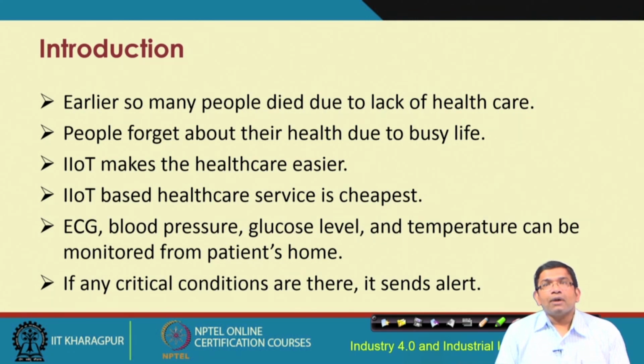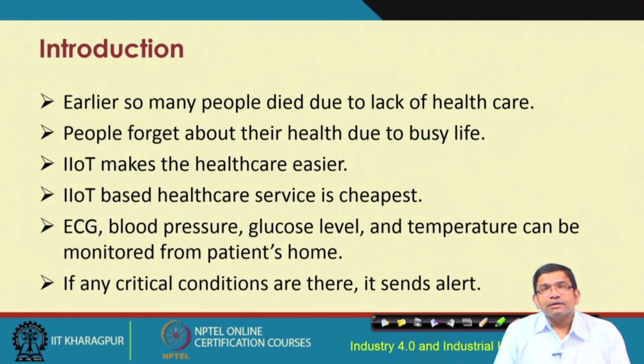However, we have our IoT solutions, our IIoT solutions, that could be used to alleviate some of the problems encountered by people with respect to health. IIoT solutions can help in making healthcare easier, affordable and so on.